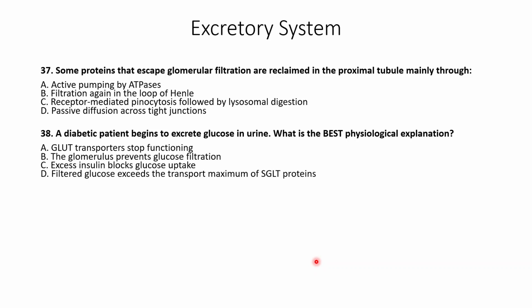So then what happens is this filtered glucose exceeds the capacity of SGLT transporters. So we talked about SGLT earlier, right? The sodium glucose symporters, which are the secondary active transport pumps.